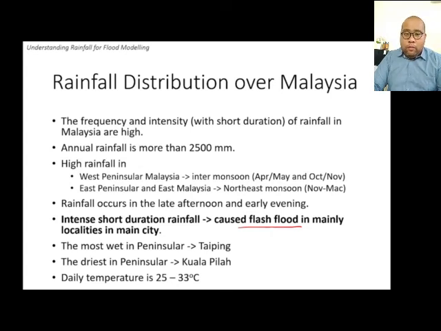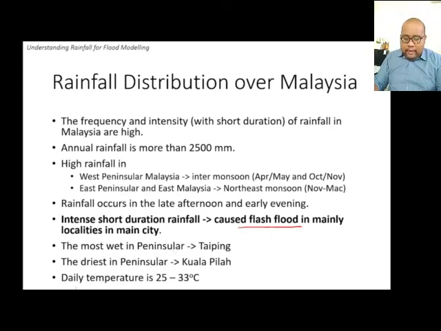So bila dekat highway sampai kawasan Taiping je, dia kata selalu hujan. So dia nampak lah this pattern. And then I think his assumption actually is correct lah, because this statement said the most wet area in Peninsula is Taiping. And then the driest in Peninsula is Kuala Pilah, Negeri Sembilan.